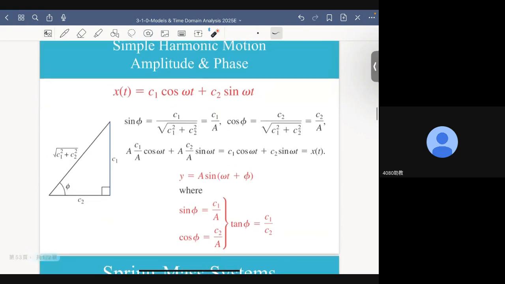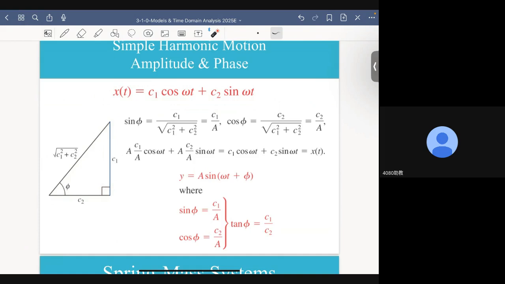So let's play with math. Let's assume the displacement of a simple harmonic motion can be represented as this equality, all right? Now, let's consider this right triangle, okay? Here, the angle is 90 degrees, all right?